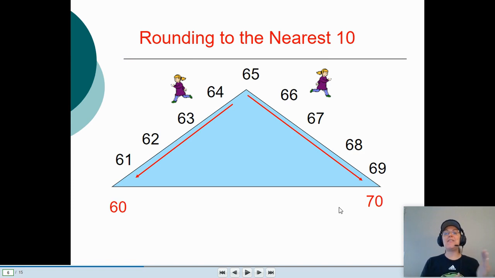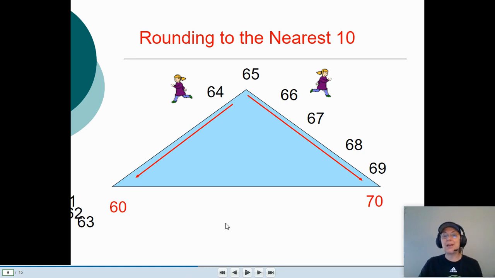One way to look at it is to think of it on a hill with the number ending in 5 at the top. Notice that 61 is going to round to 60. It's going to slide down the hill back to 60. 62 would also round to 60. 63 would round to 60. You get the idea.